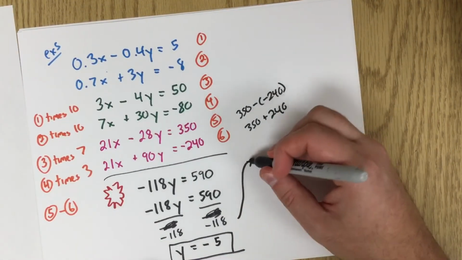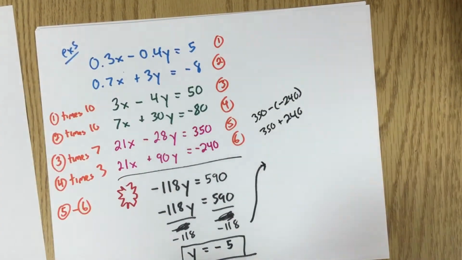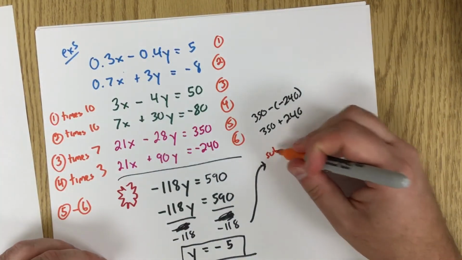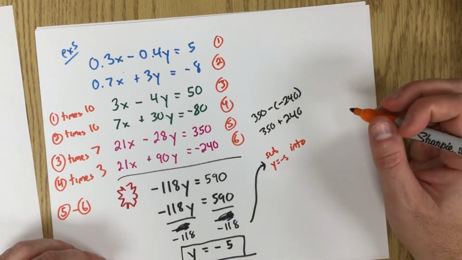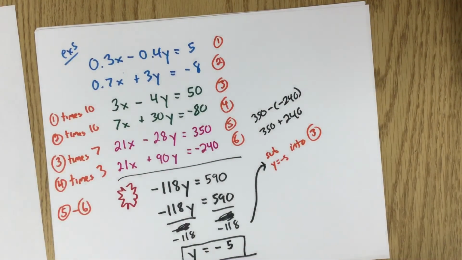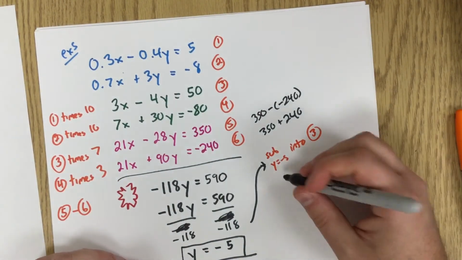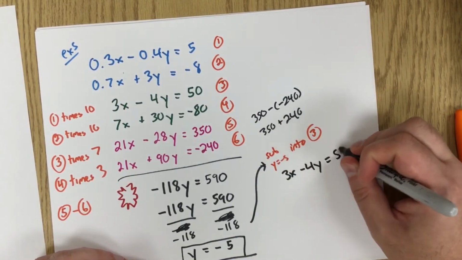Now remember, we could plug it into 1, 2, 3, 4, 5, or 6. I'm not going to do it into 1 and 2 because those have kind of yucky decimals. So I'm going to sub y equals negative 5 into, probably 3 looks like the easiest one to do it in. So equation 3 is 3x minus 4y equals 50.